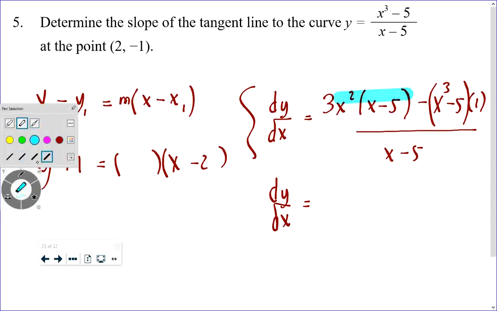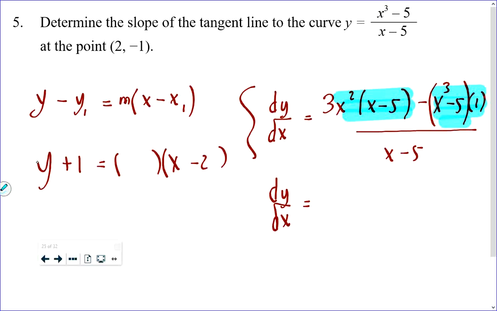This is a term, and then it's minus this. There's nothing to factor out of them. The first term has a factor of 3. There's no factor of 3 in the second. The first term has a factor of x and a factor of x squared. There is not a factor of x or x squared in the second term. The first term has a factor of x minus 5. There's no factor of x minus 5.